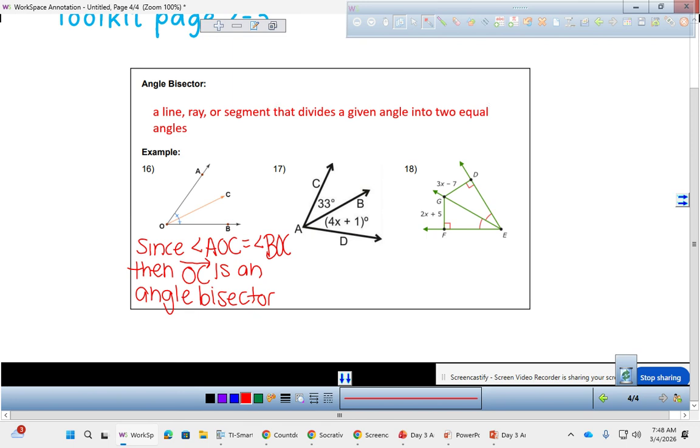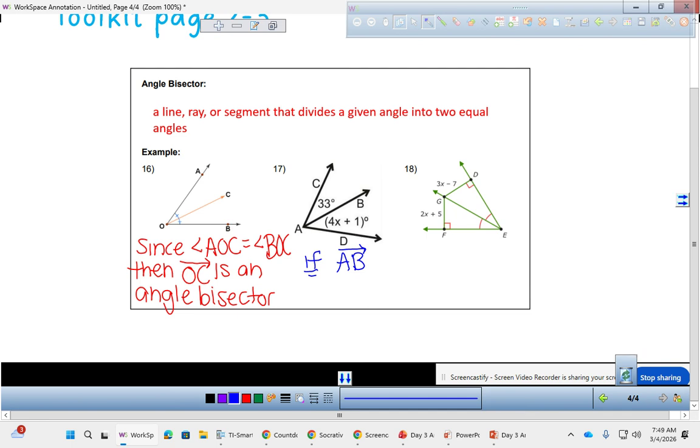Now, I don't have any information for 17. So what I'm going to say is, if, and this is if because I don't know, if AB, which is another ray, and the reason it's a ray is because A doesn't have an arrow, but B does. So there's one direction on this straight path, right?